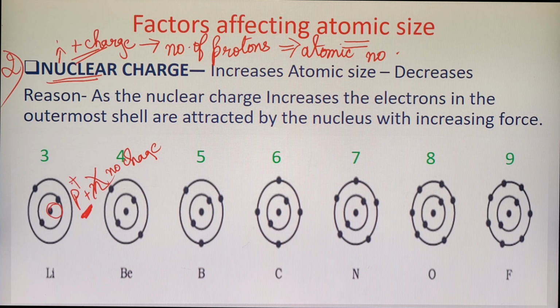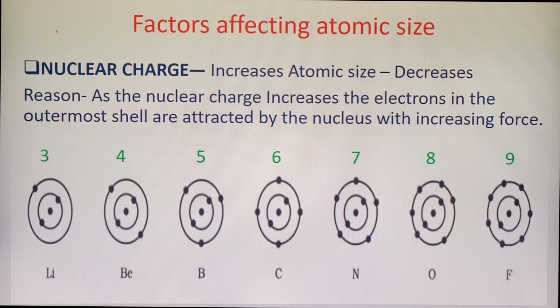So who is responsible for the positive charge? It's the number of protons. Clear? And who will give me the number of protons, children? It is nothing but the atomic number. Or in other words, what's the other word for nuclear charge I can use? I can use the word atomic number. Clear? Because it is involved with the positive charge. So whenever I use the word nuclear charge, I mean the atomic number.